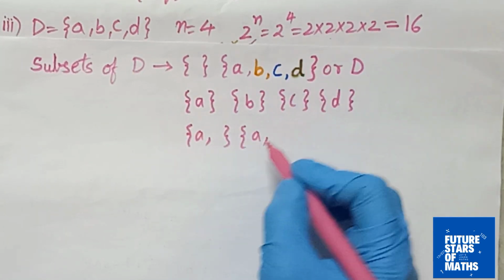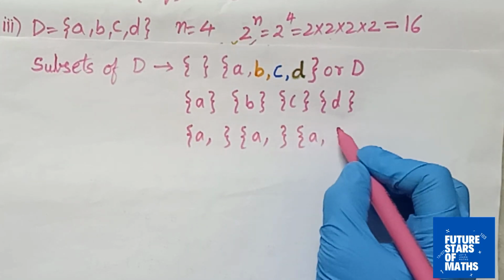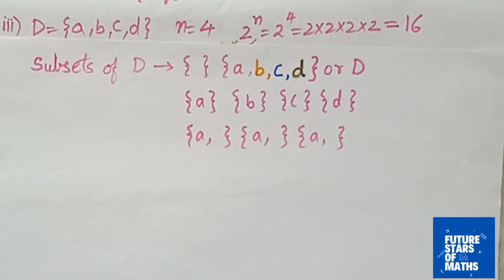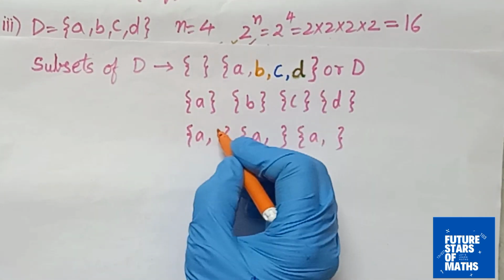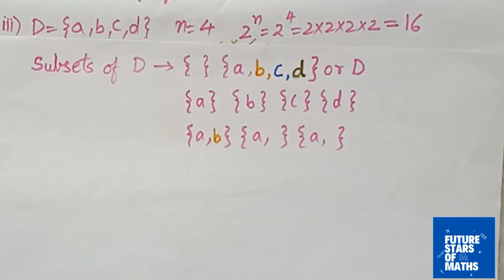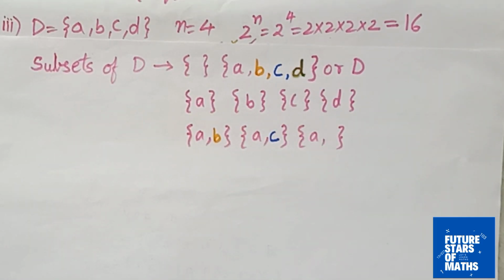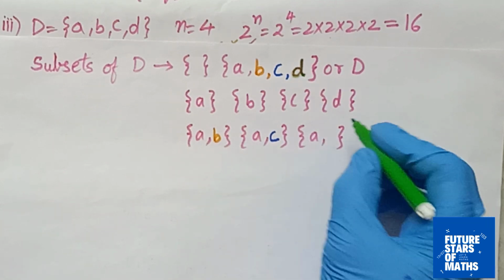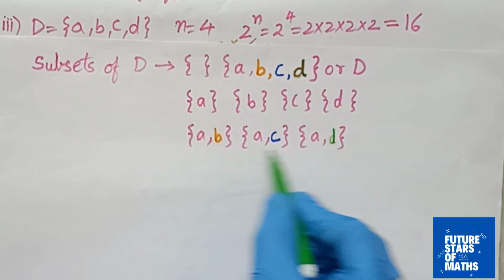Since 3 are there, we can write 3 pairs with A. What will be the pairs with A? First pair, A with B. Then A with C. Then A with D. Now all the possible pairs with A are over.